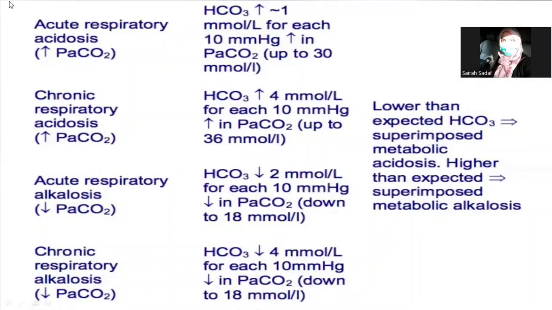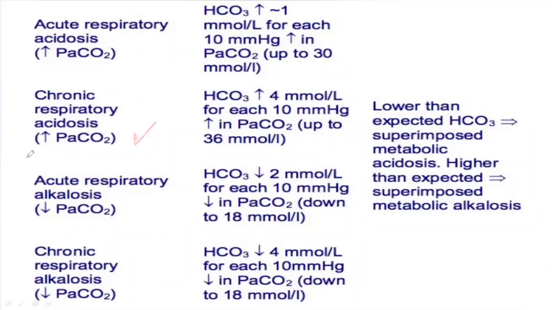Okay, where's my marker? So this is acute respiratory acidosis. First, we will go for acidosis, acute and chronic, and then acute and chronic respiratory alkalosis. We call PaCO2 the respiratory acid, so in respiratory acidosis PaCO2 will be raised.